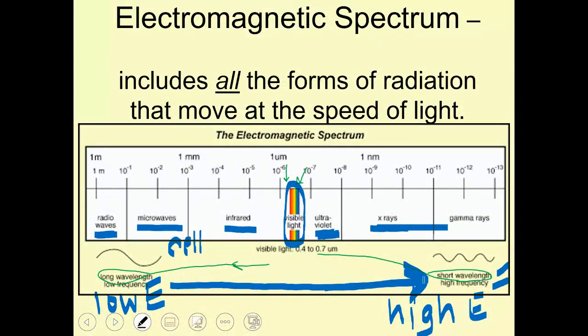And then you get up here, on this end, to the gamma rays, which are the shortest wavelength. They are the ones that are given off by radioactive elements when they undergo decay. And gamma rays are very high energy. They can damage your cells.